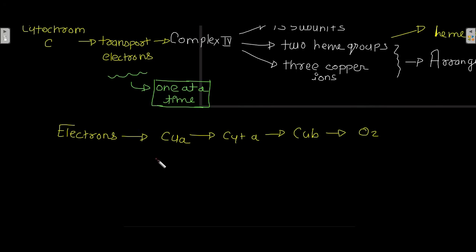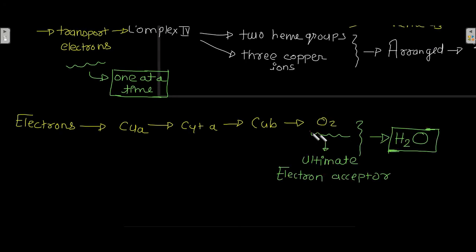Now in complex 4, the electron is first transferred to CuA. From CuA it goes to cytochrome A, and from there it goes to CuB, and from CuB it then goes to oxygen.